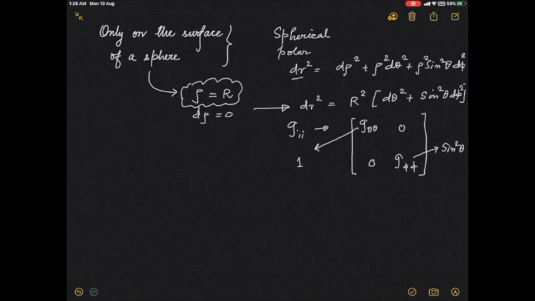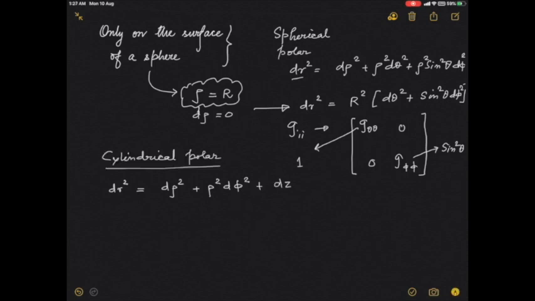So let's see what happens if I try to do the same thing with cylindrical polar. There it will not be so simple. So this is to start with, and then simply dz square. And we know that rho square plus z square is essentially r square.